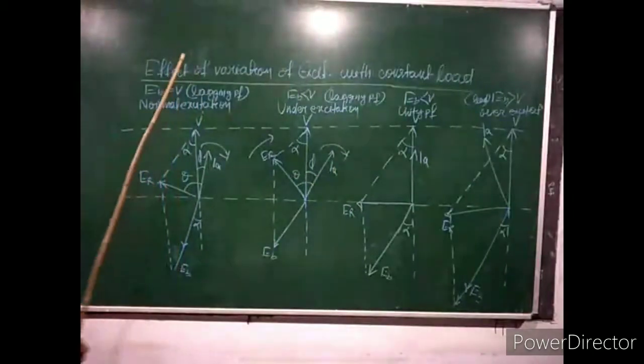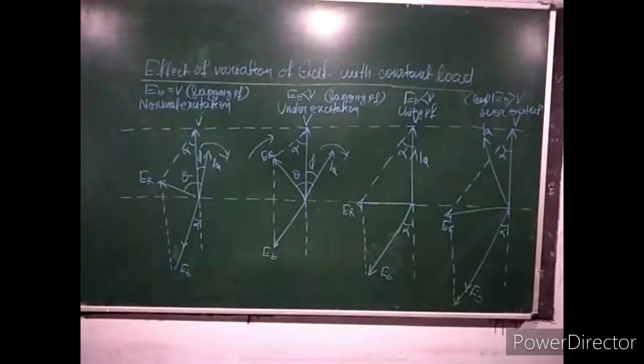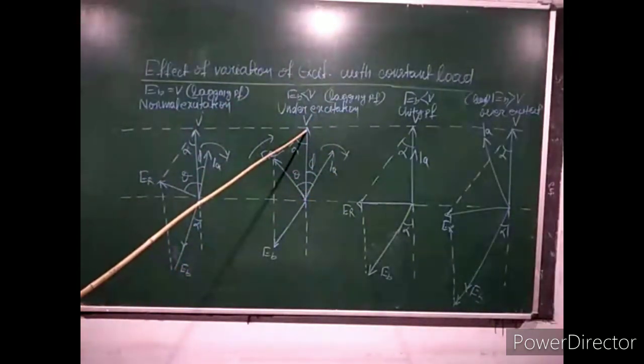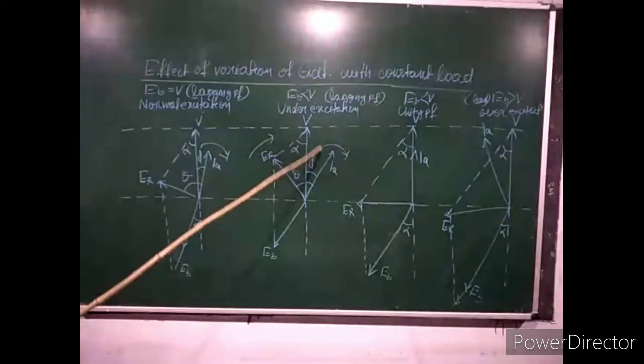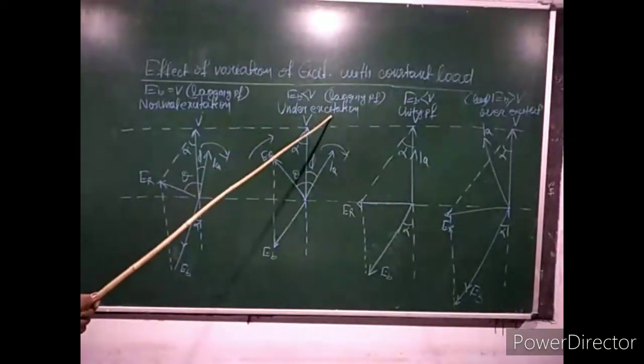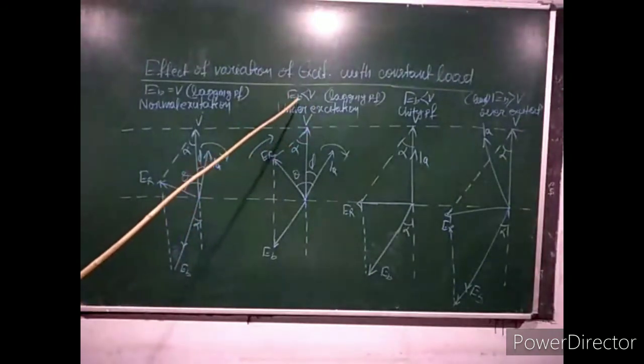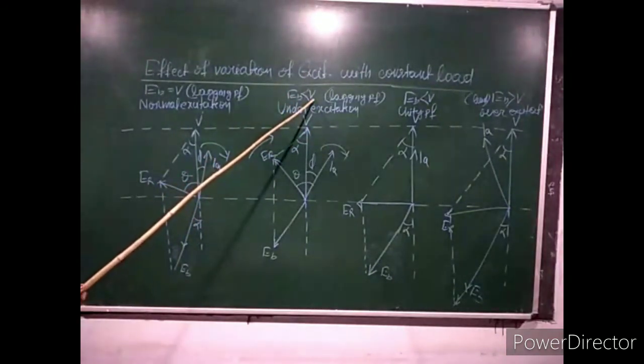And IA lags behind V, and the motor has a lagging power factor for the under excitation case, that is, when the back EMF is less than the supply voltage.